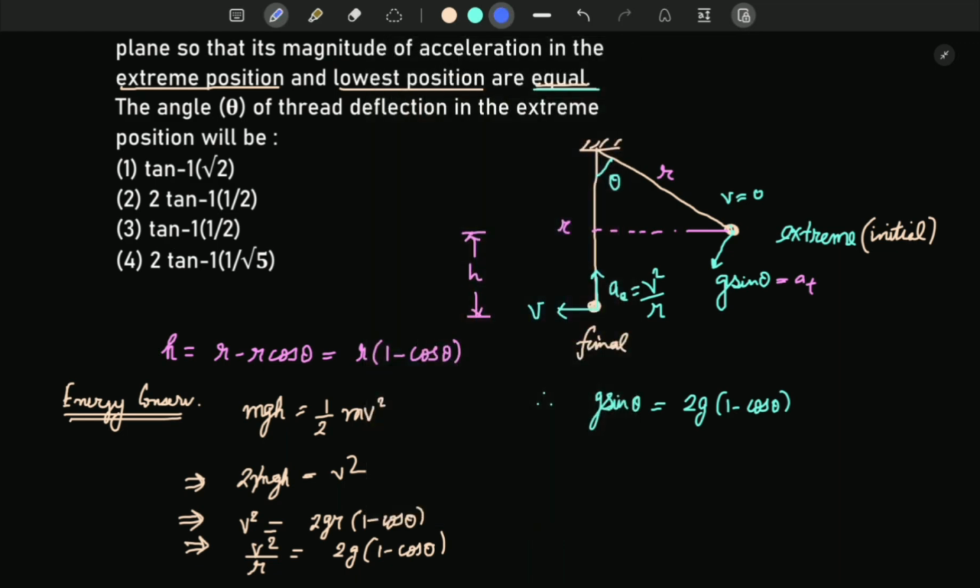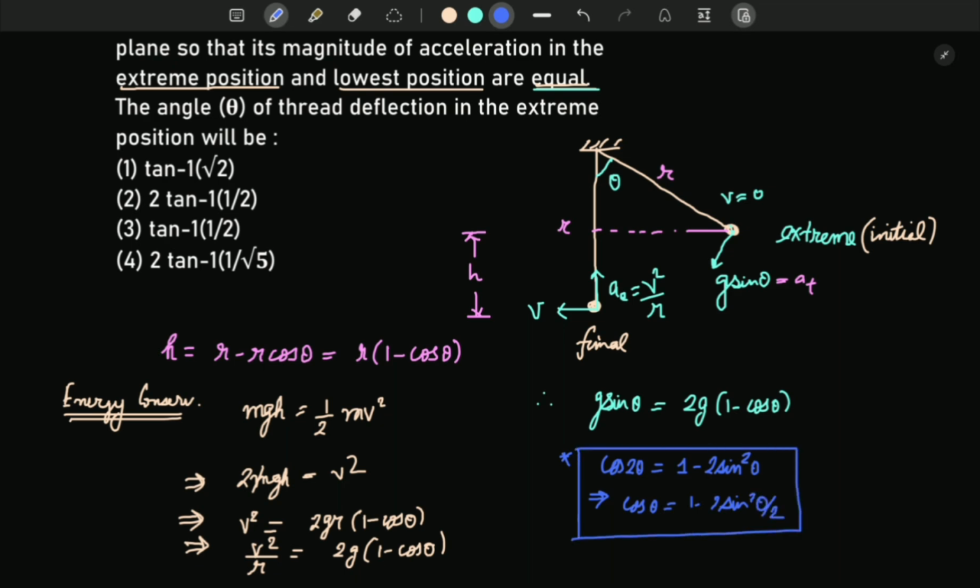We know cos 2 theta is nothing but 1 minus 2 sine square theta. I will use the half angle formula of this, which is cos theta equals 1 minus 2 sine square theta by 2. I will make use of this relation and simplify the above equation.